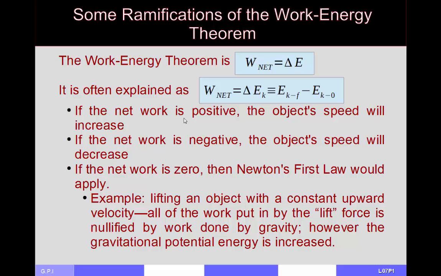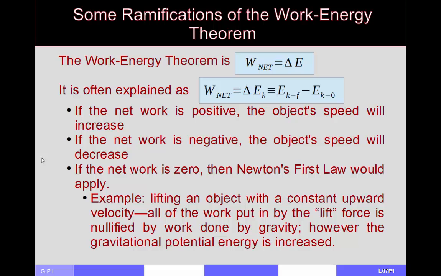And if therefore we have a net work that's positive, that usually means the object's speed is increasing, the object's kinetic energy is increasing. If the net work is negative, then the object's speed will decrease and the object's kinetic energy will decrease. So what does this actually mean as far as a positive amount of work versus a negative amount of work?